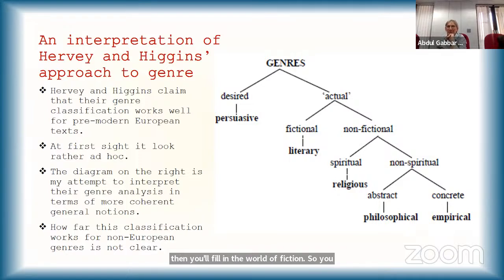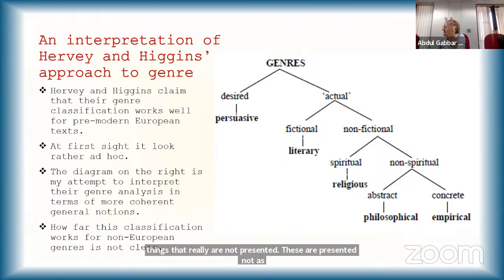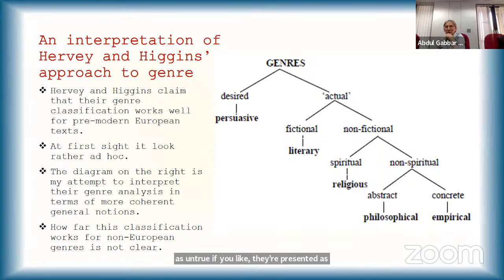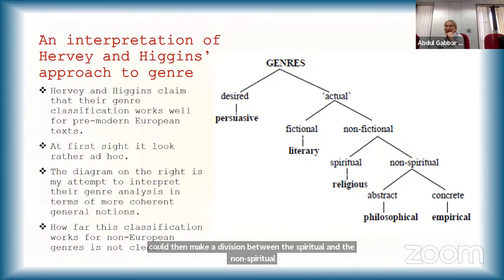If you get non-fiction, things that are presented as absolutely true, you could then make a division between the spiritual and the non-spiritual, which would give a division between religious and non-religious.